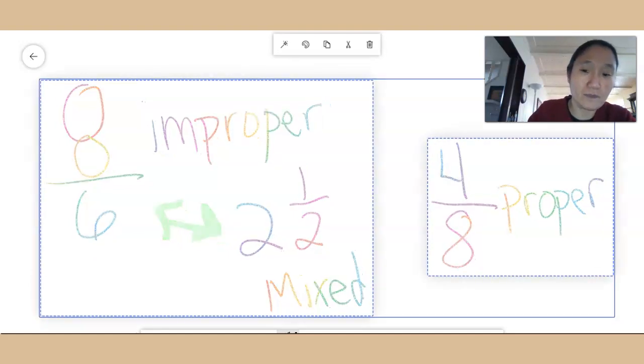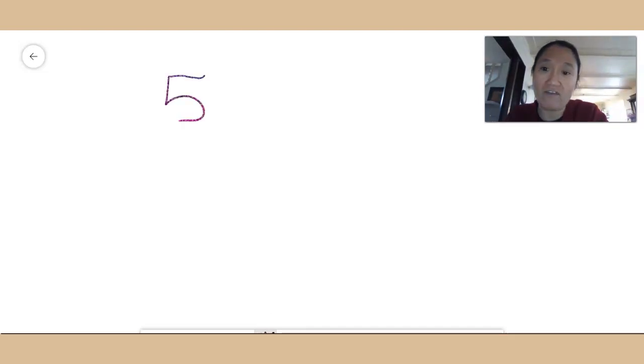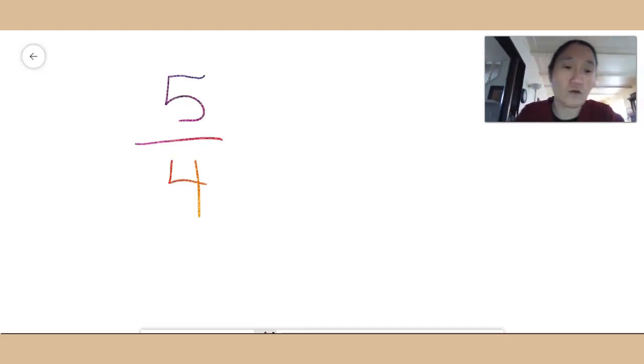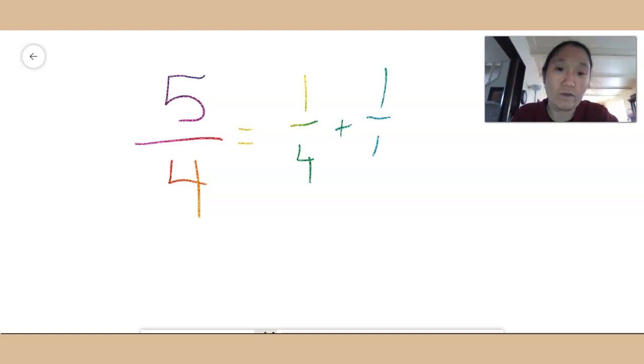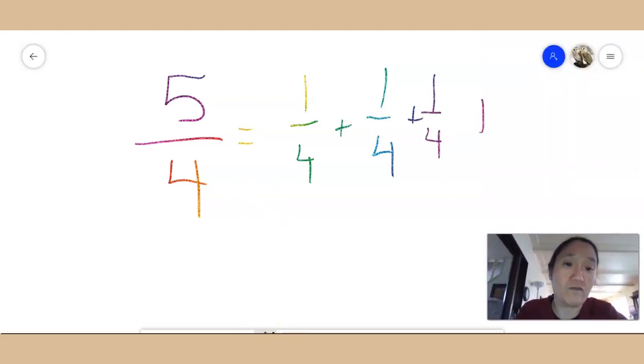All right, so we have our improper fraction, which is, let's start with 5/4. So we already know that 5/4 would actually equal 1/4 plus 1/4 plus 1/4 plus 1/4 plus 1/4.